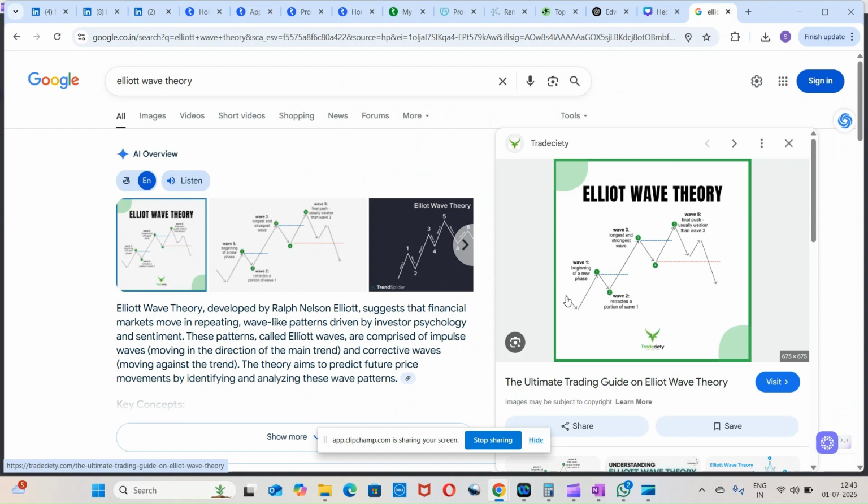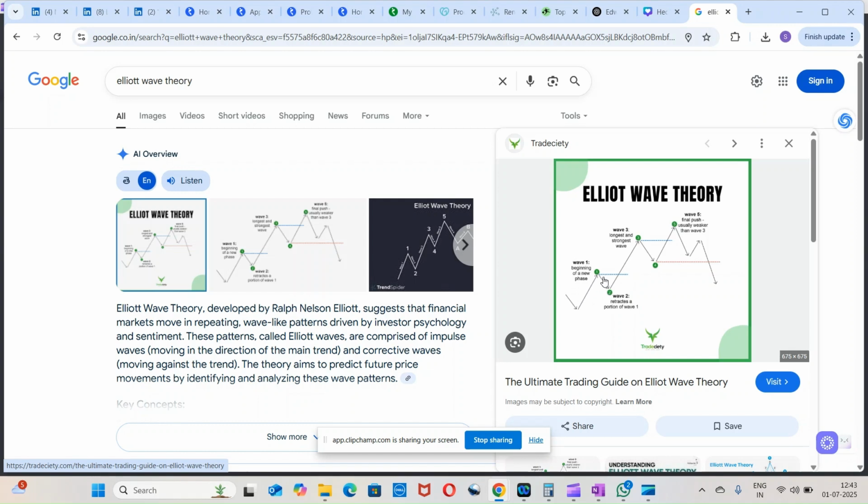So this is what it is. Wave one, wave two. This is an impulse of five waves. Wave one is the beginning of a new phase, and it retraces a portion, which is again Fibonacci retracement, generally based on Fibonacci ratios.